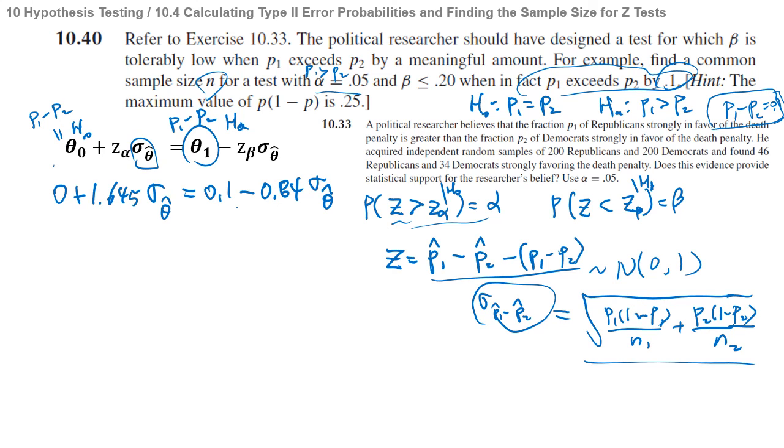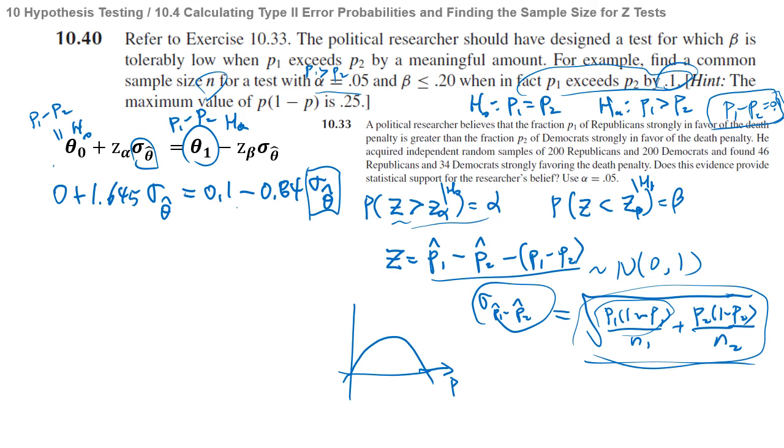And for the conservative case, the maximum value of this thing is when P1 and 1 minus P1 are equivalent. For P1 times 1 minus P1, the formula is something like this.